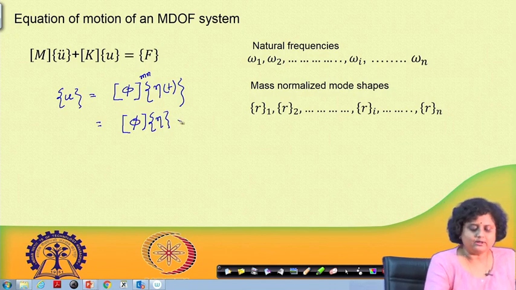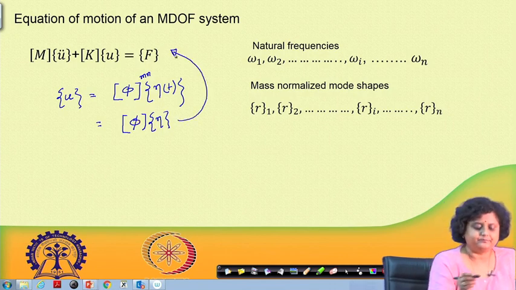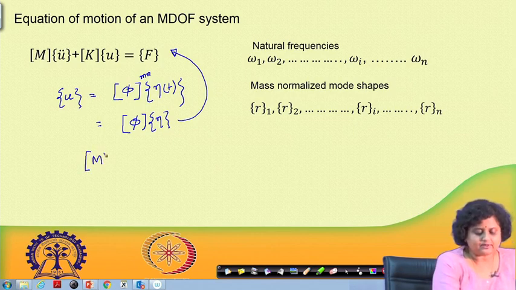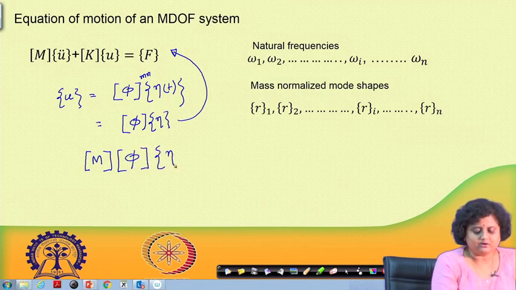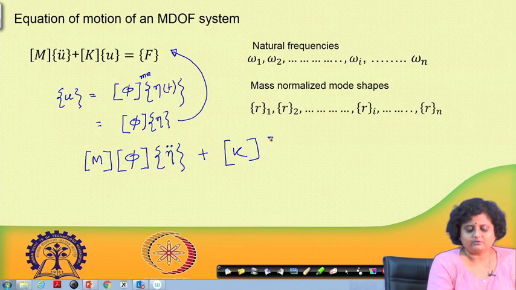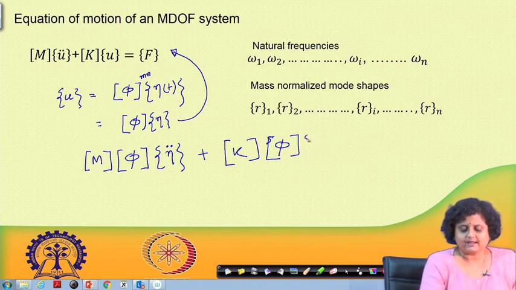Now I plug this in here. If I do so, what do I get? I get mass matrix M into phi into eta double dot, then I have my stiffness matrix K, then I have mass normalized modal matrix phi, and then I have eta, and that is equal to F.